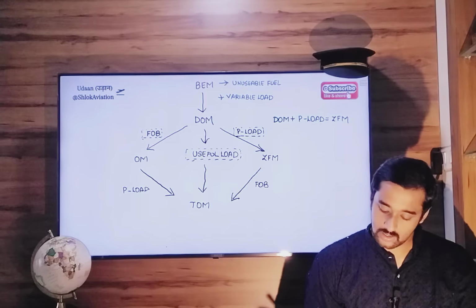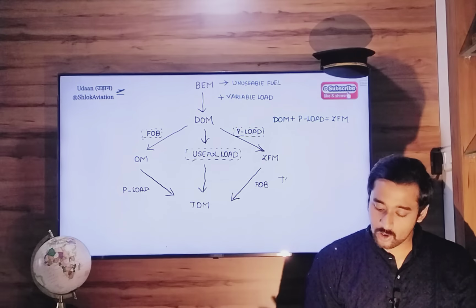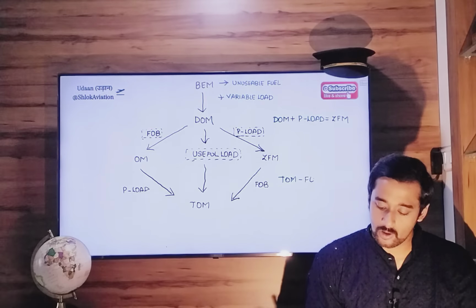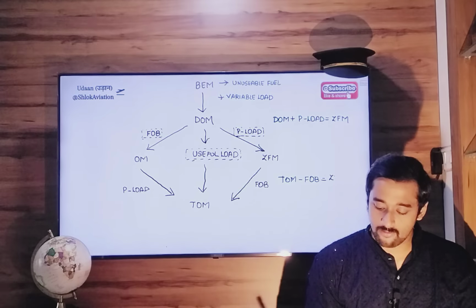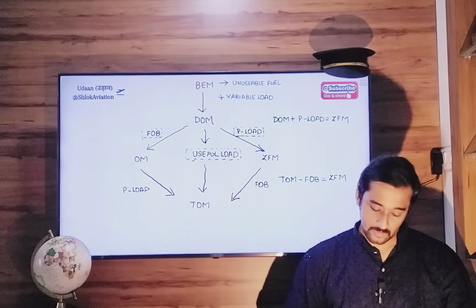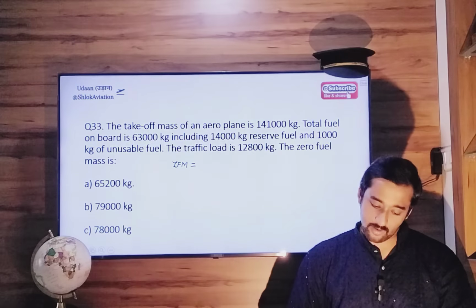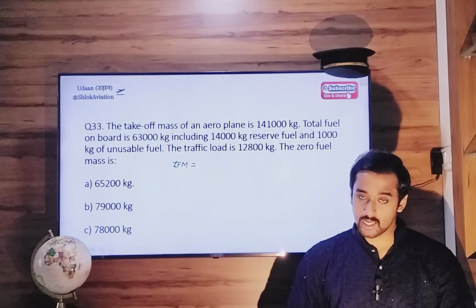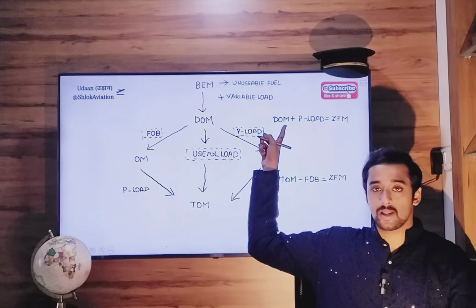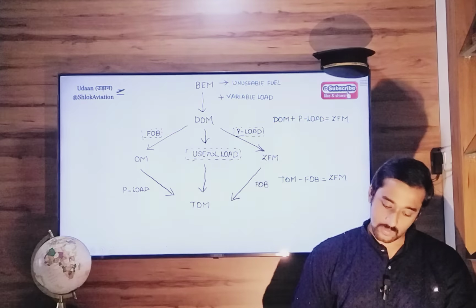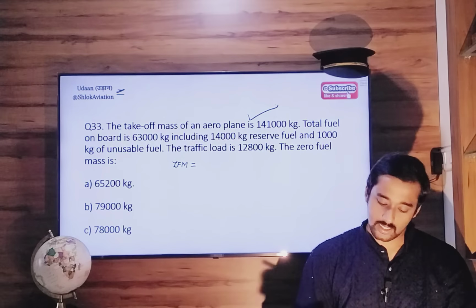Otherwise, takeoff mass minus fuel on board can also give you the value of zero fuel mass. So let's see. We do not have dry operating mass given to us, so we cannot use this formula. Our second formula, TOM. Takeoff mass is there, yes.